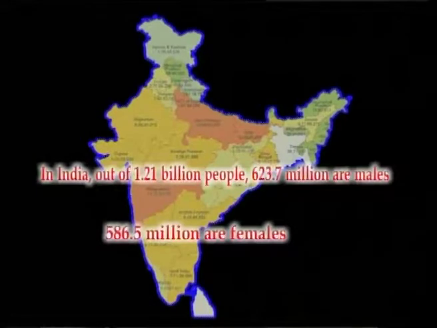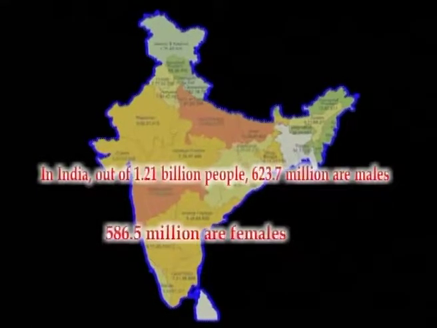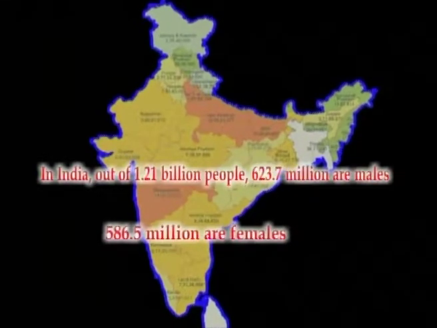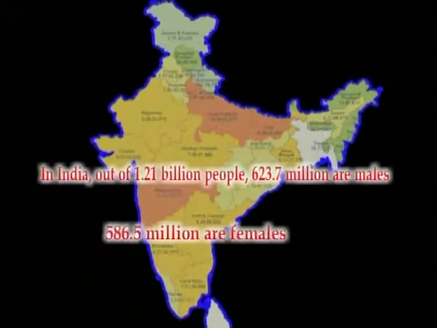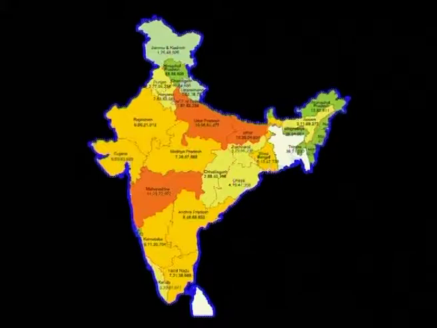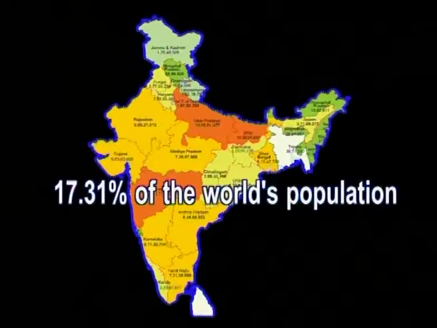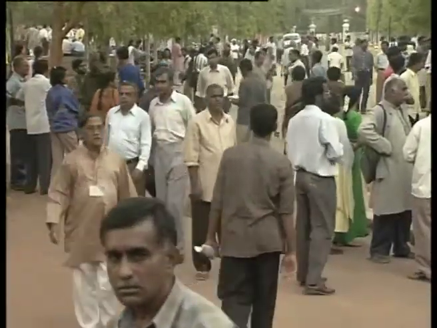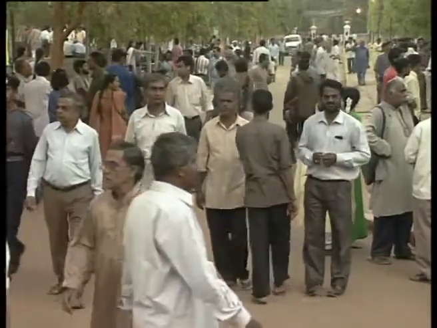In India, out of 1.21 billion people, 623.7 million are males and 586.5 million are females. It is the second most populous country in the world, while China is on top with over 1.35 billion people. The figures show that India represents almost 17.31% of the world's population, which means one out of 6 people on this planet lives in India.